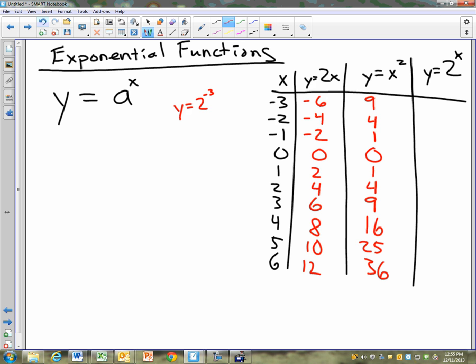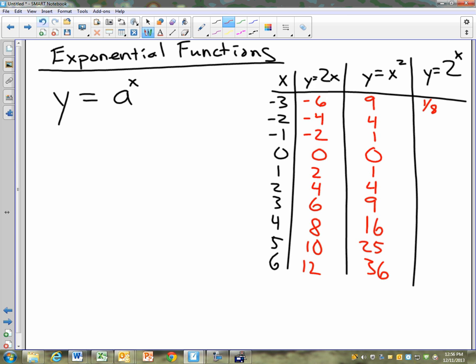Excellent effort. So 2 to the -3rd is the same as 1 over 2 to the 3rd. What's 1 over 2 to the 3rd? 1/8. Very good. Which is 0.125.